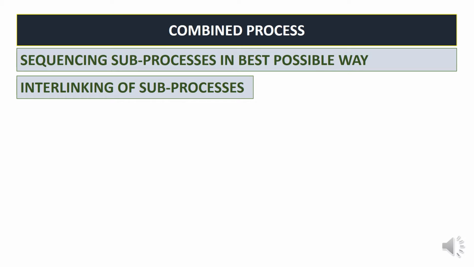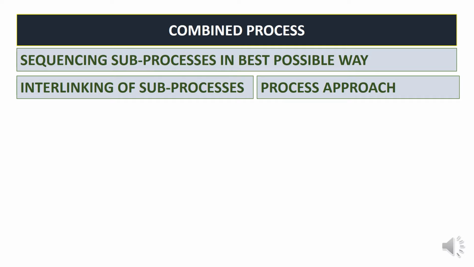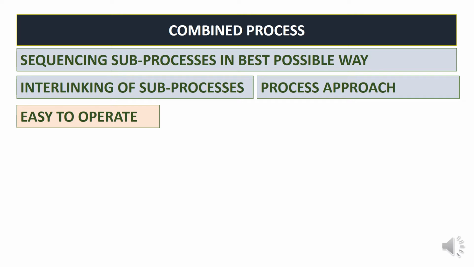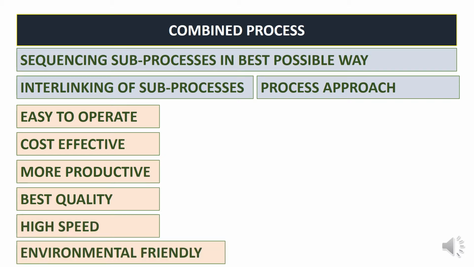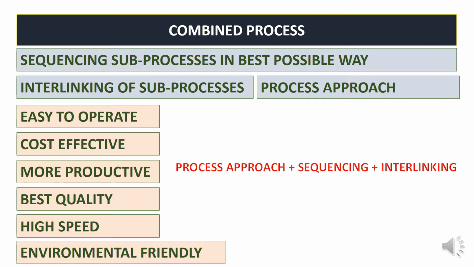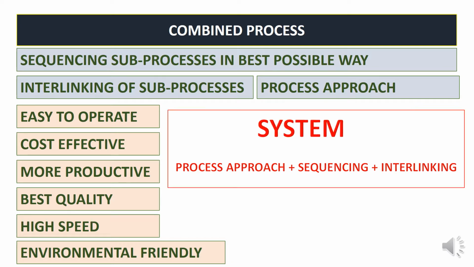And while sequencing we need to interlink them with each other by the process approach again, to get an easy to operate mechanism or method, a cost effective process, a more productive process, best quality products, high speed, and environmentally friendly products. Till now, we heard several times three words: process approach, sequencing, and interlinking. This is nothing but a system. We can call it a system.